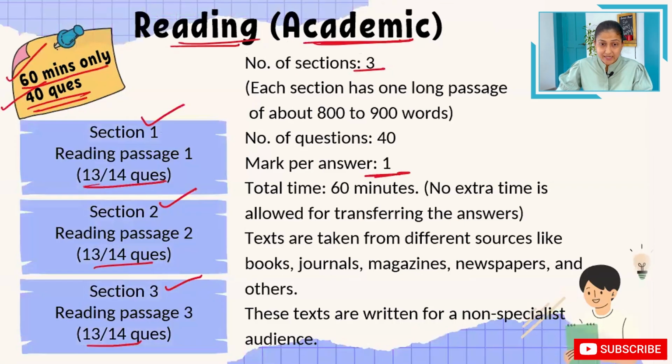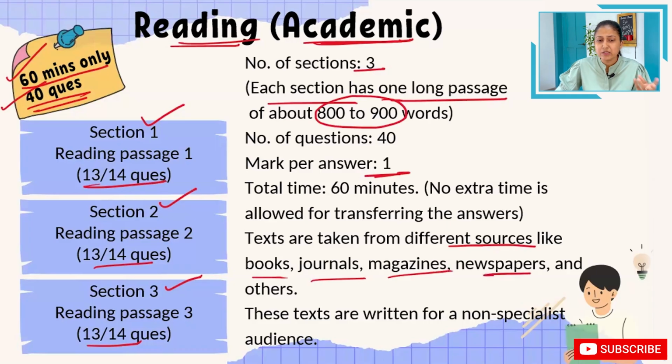In case of reading academic, each section will have one long passage of roughly 800 to 900 words. Now, these texts are normally taken from different sources like books, journals, magazines, newspapers, etc. Well, these texts, from wherever they are taken, are written for a non-specific audience. Remember this, okay?